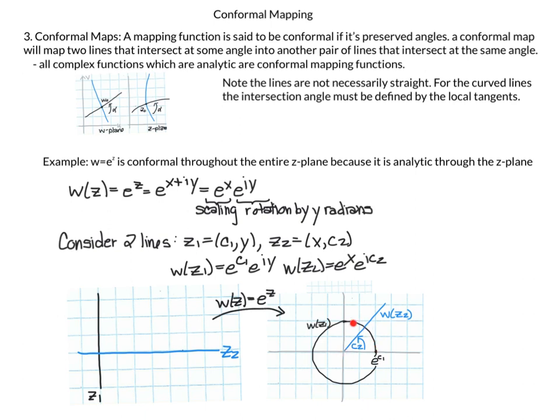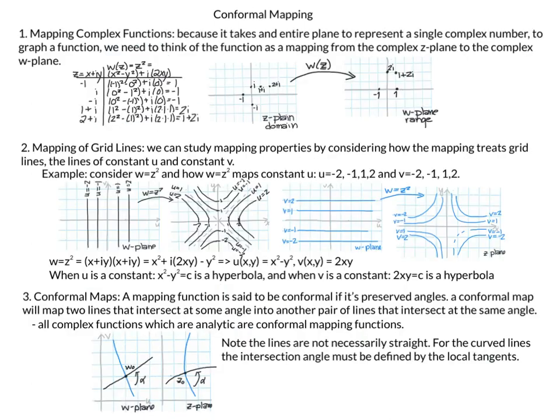Here, because we have a circle centered around the origin and we have a ray coming out of the origin where they intersect, taking the tangent line at the circle, you'll have a 90-degree angle. So that's kind of what it is to be conformal, that you've preserved this 90-degree angle after you've done the mapping. And that's the material for this video, which is a little bit short, but that's okay.